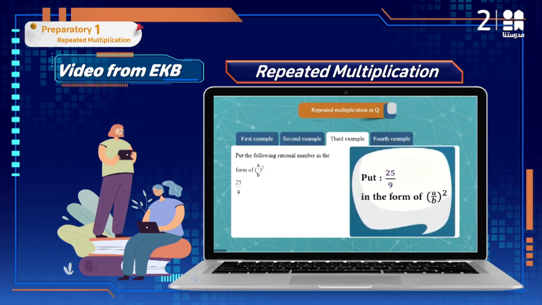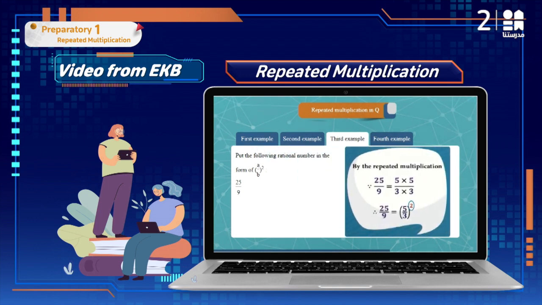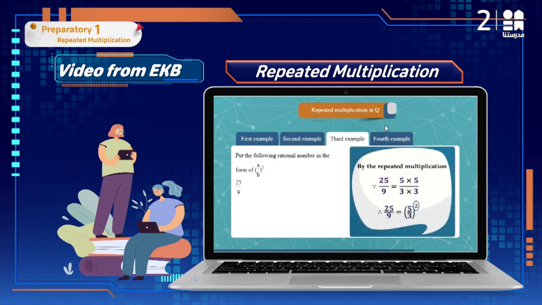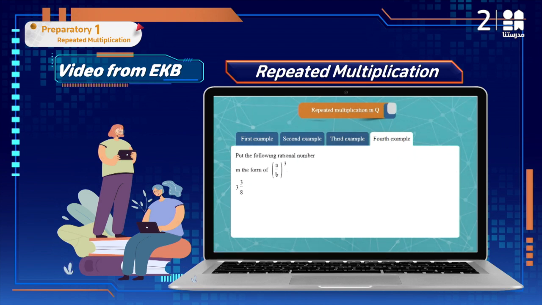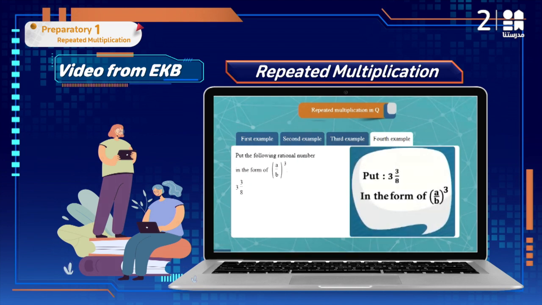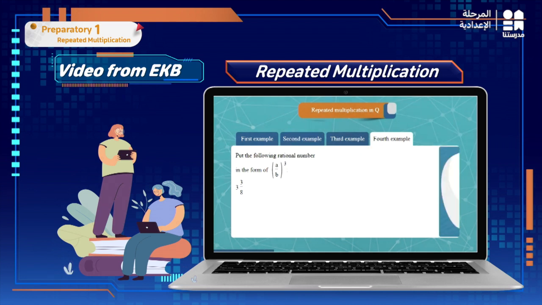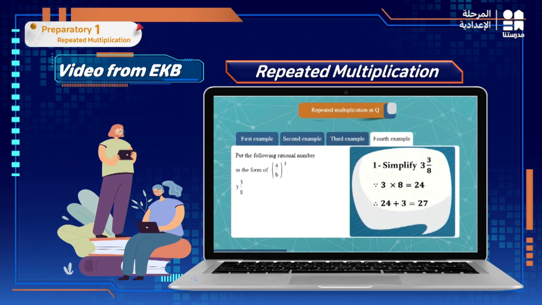Put the following rational number in the form of a over b, all to the power of 2. 25 over 9. By repeated multiplication, 25 over 9 equals 5 multiplied by 5 over 3 multiplied by 3. Then we can put it as 5 over 3 all to the power of 2. Now, put the following mixed number in the form of improper fraction a over b all to the power of 3. 3 and 3 over 8. Firstly, we ought to simplify this mixed number by the whole number.